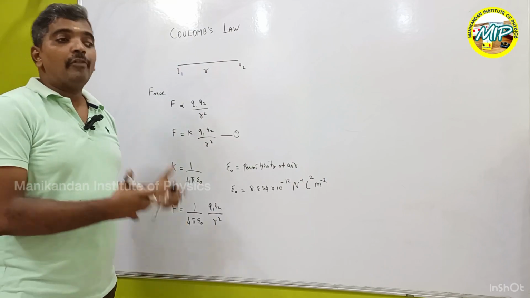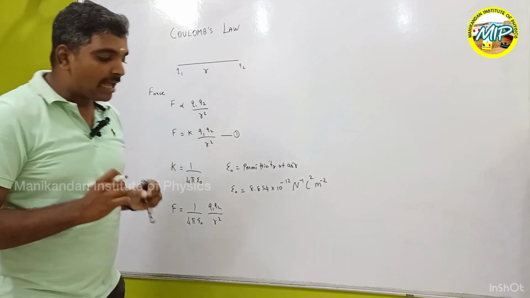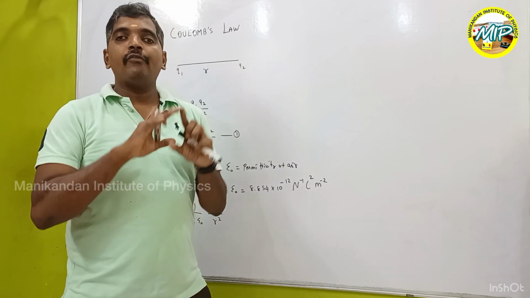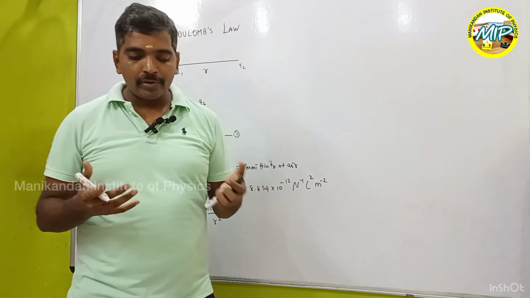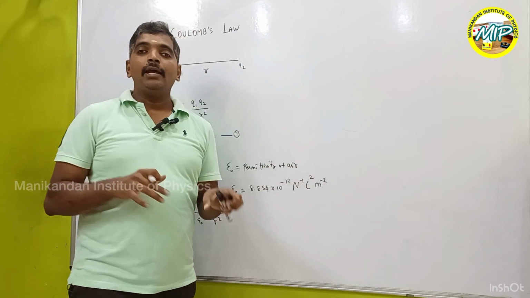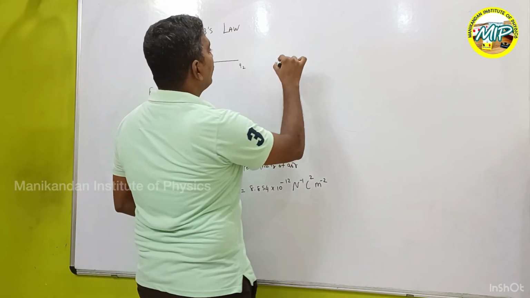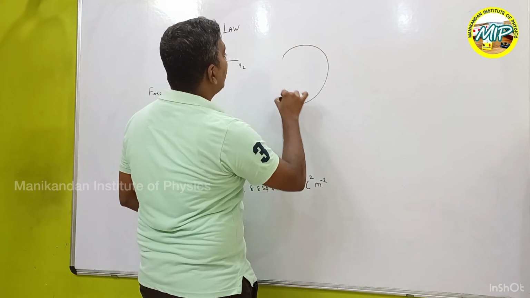To explain this 4 pi, I am going to give you an example. Consider a football, because I need a spherical shape. I am going to consider a football of radius r.